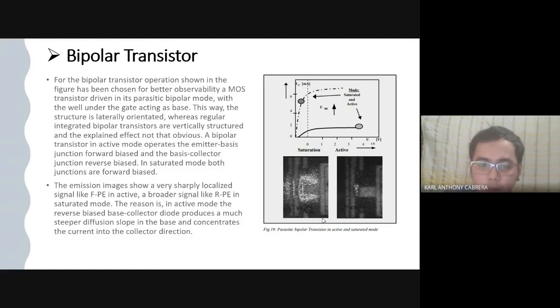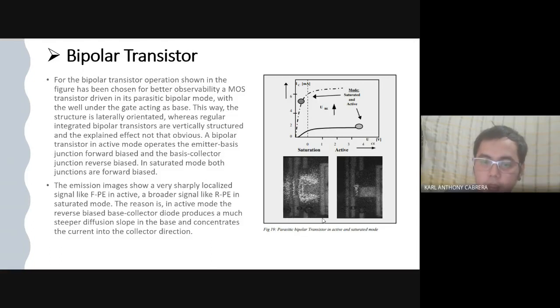A bipolar transistor in active mode operates with the emitter-base junction forward biased and the base-collector junction reverse biased. In saturated mode, both junctions are forward biased. The emission images show a very sharply localized signal like FPE in active mode and a broader signal like RPE in saturated mode.